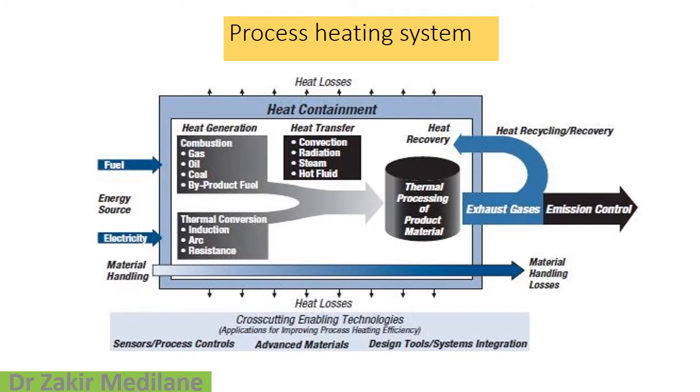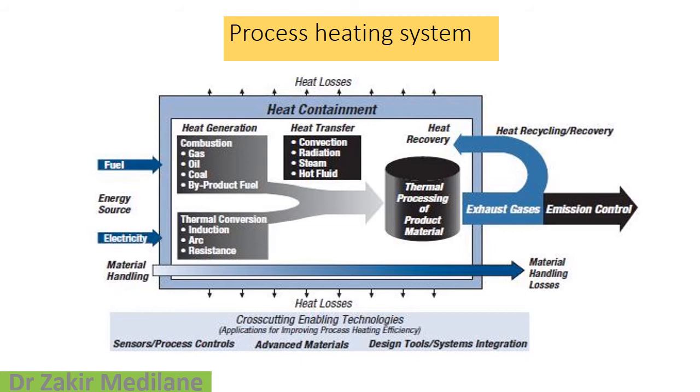Now the process heating system. What is the process heating system in general practice? Here we can see the heat generation, from where heat is going to be generated: combustion gas, oil, coal and byproduct fuels. Then heat transfer by convection, radiation, steam, hot fluid, then thermal conversion by induction, arc, resistance.